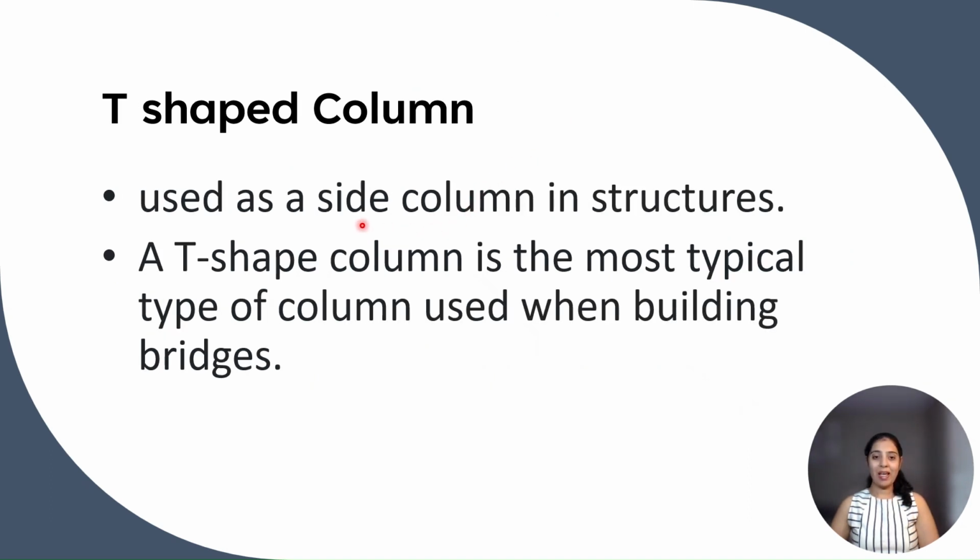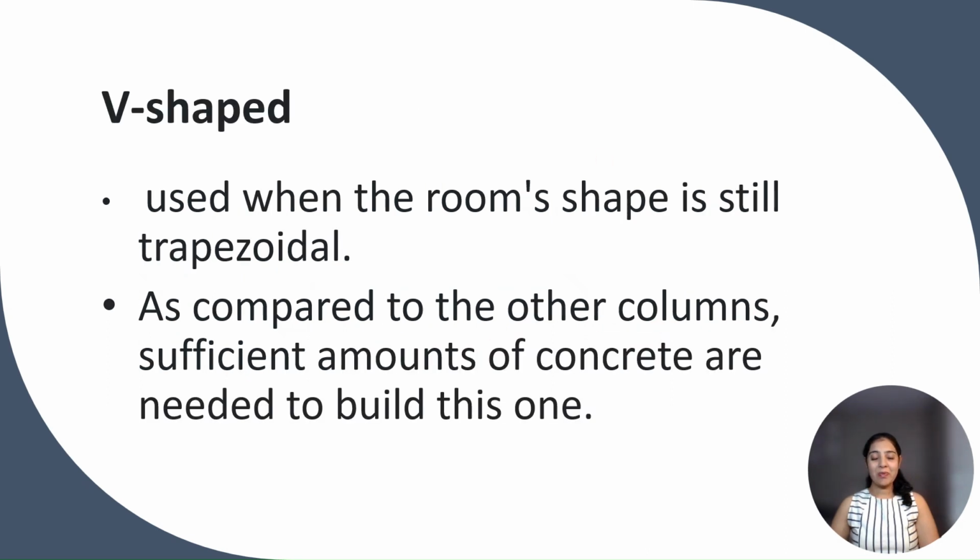These are used as a side column and it is most used when building bridges. V-shaped column. These are used when room's shape is trapezoidal. And as compared to other columns, sufficient amounts of concrete are needed to build this one.